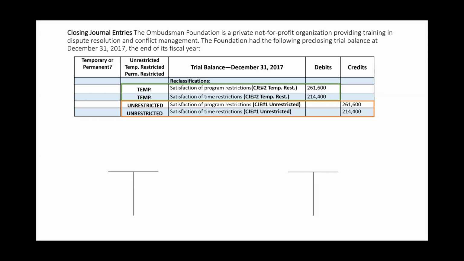So for instance, when we had an expense that was restricted for a purpose, like the teacher salaries in the last example, we debited the temporarily restricted account, purpose restriction, and we credited the unrestricted account, and that moved that from the temporarily restricted account to the unrestricted account.